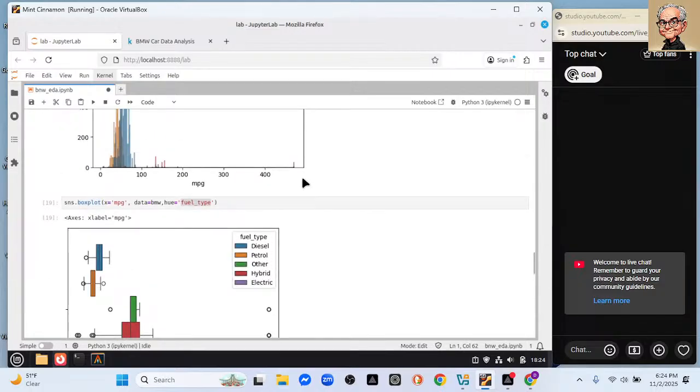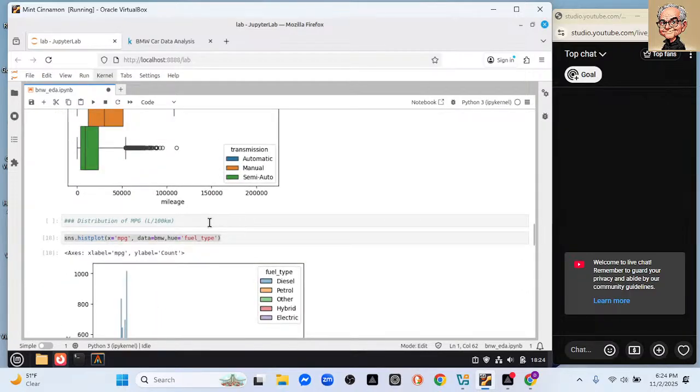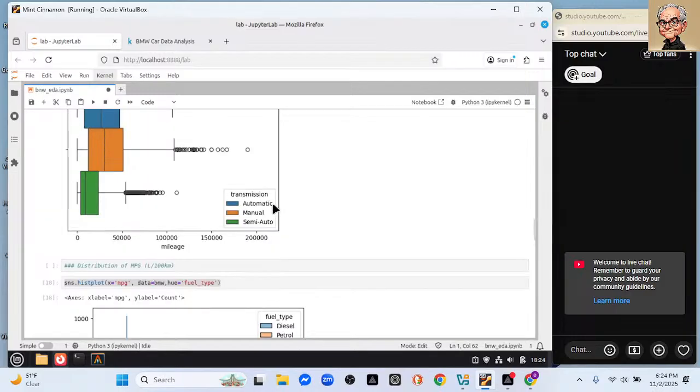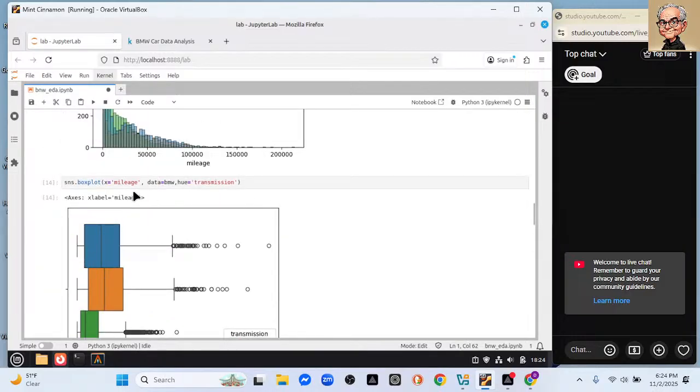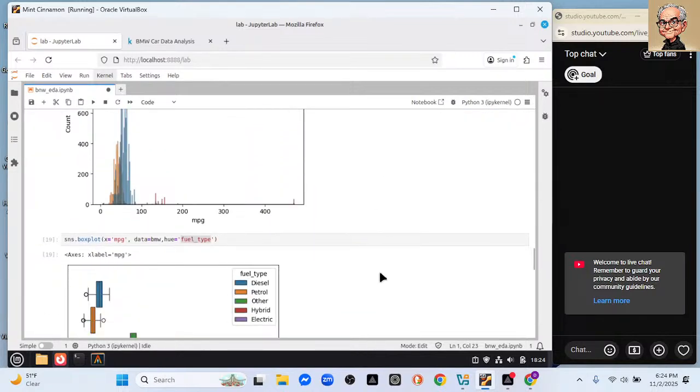Of course, what would be neat is to see if we can predict the price based on mileage, okay?